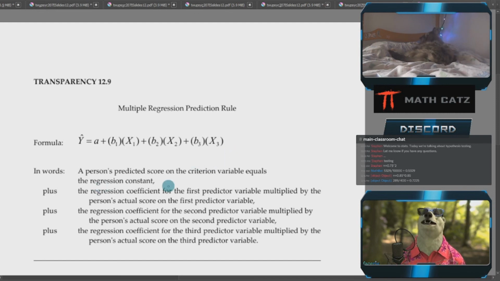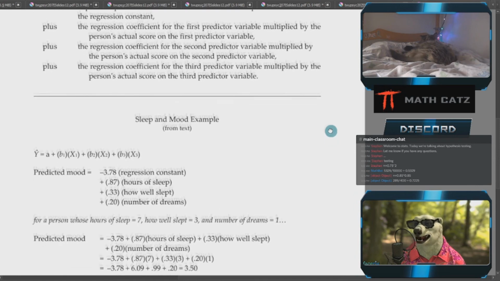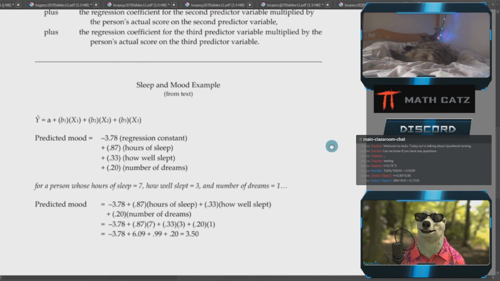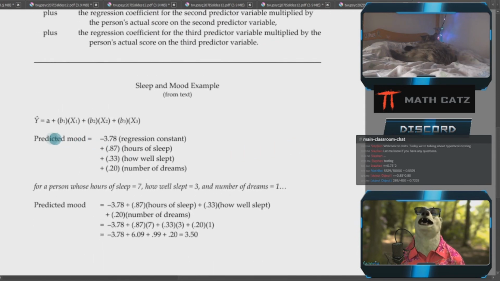So for example, a person's predicted score, they don't have actual examples here, like sleep and mood, for example. Your mood, which was the Y, your mood rating, can be associated with hours of sleep, how well you slept, number of dreams, for example.